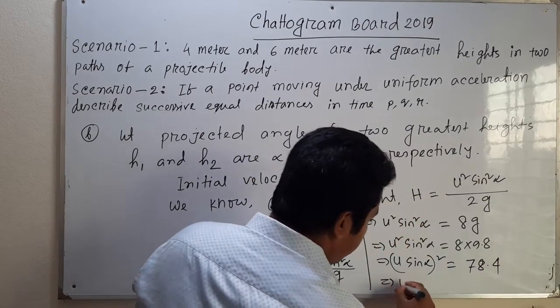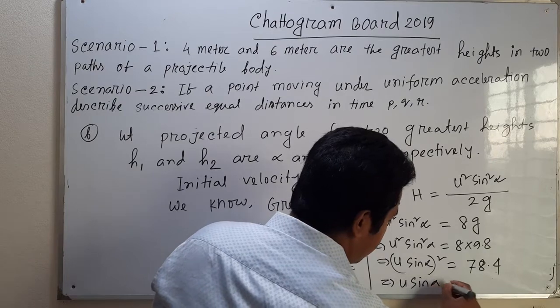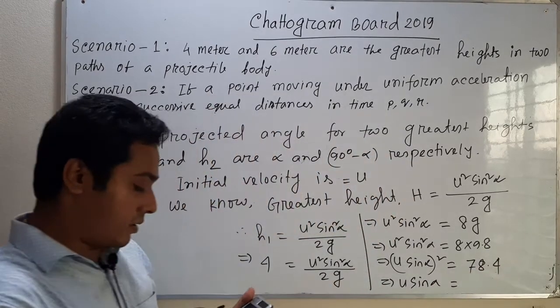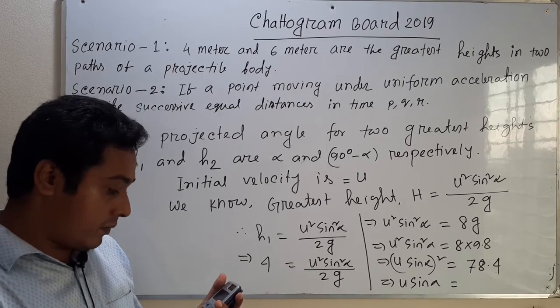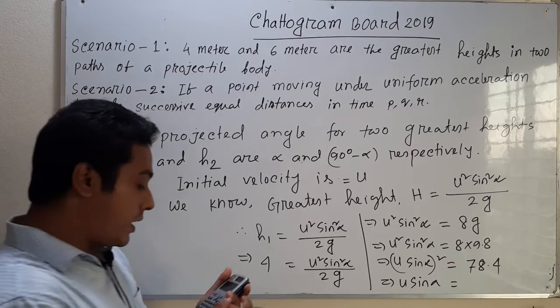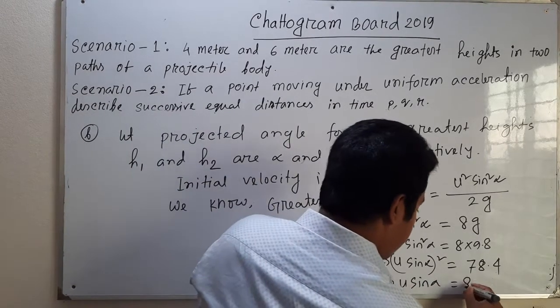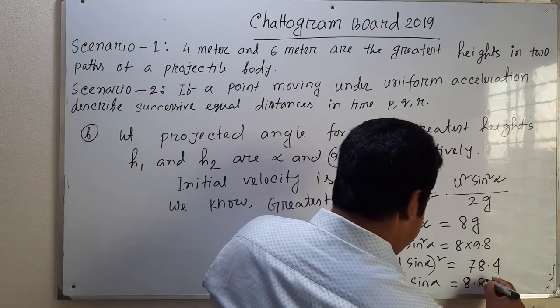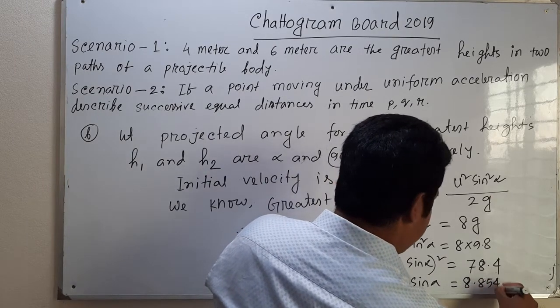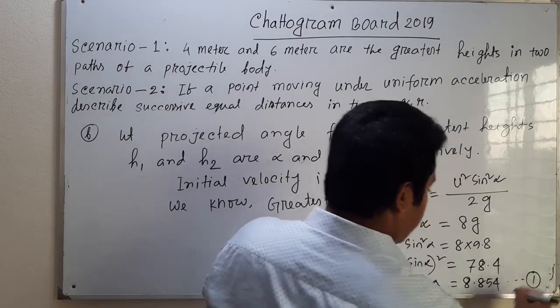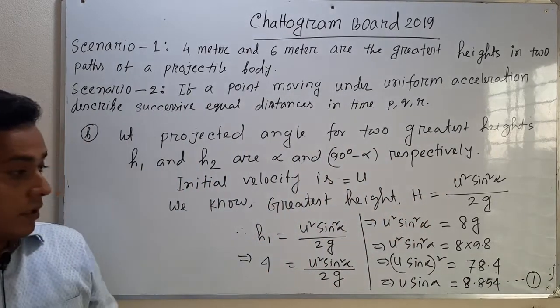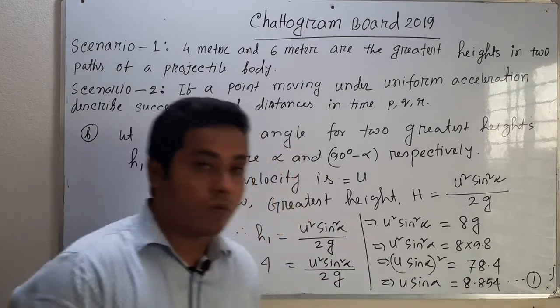So u sin alpha is equal to root over this, which is 8.854. This is our answer, we can name this equation number 1.